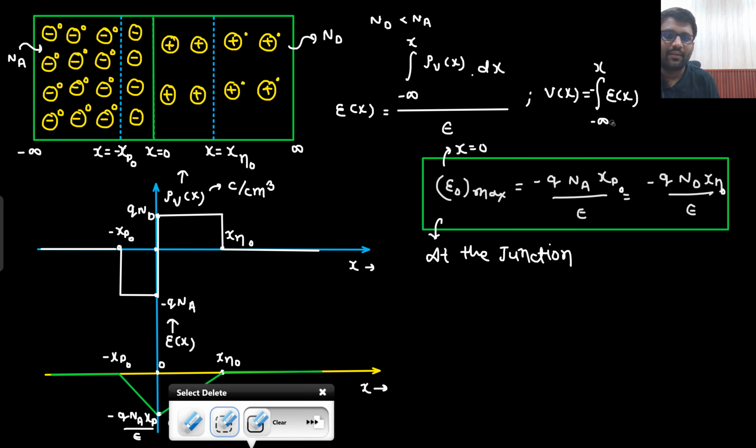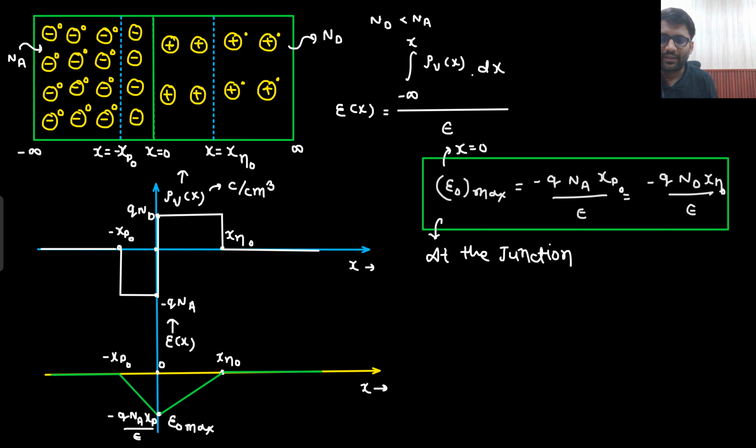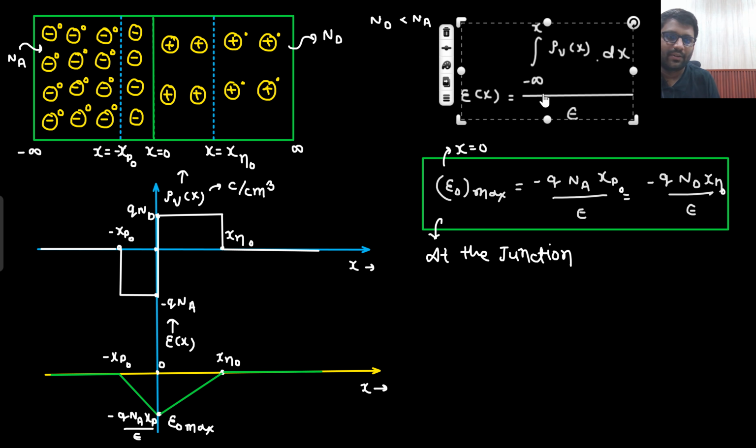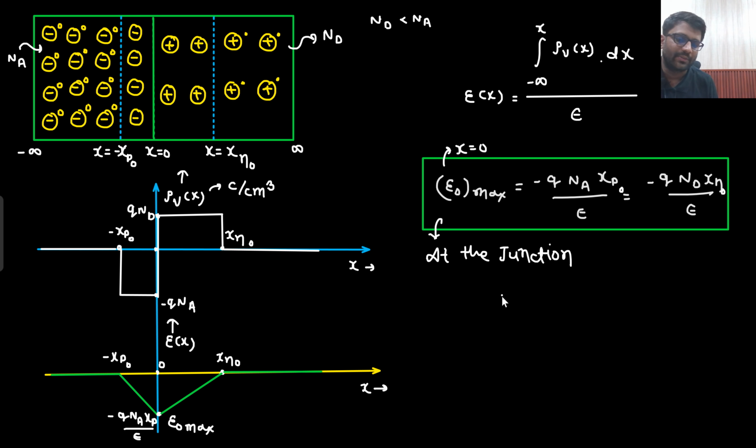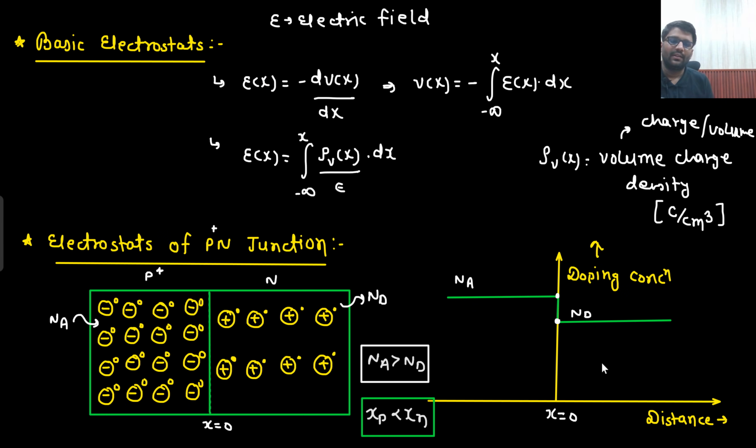Okay, again and again, let's not make it bad. Let's keep it here only, and here I write down the expression of voltage. So the voltage expression is the integration of the electric field, but with the negative sign.